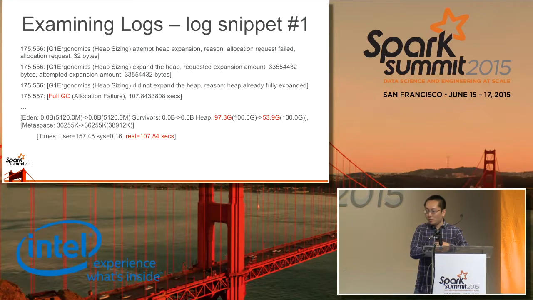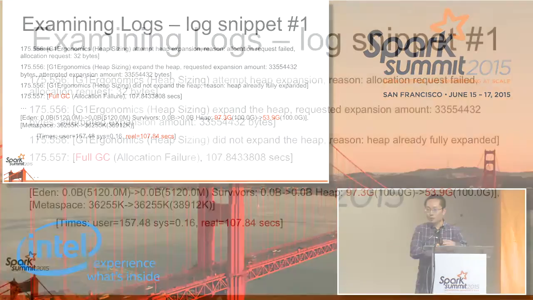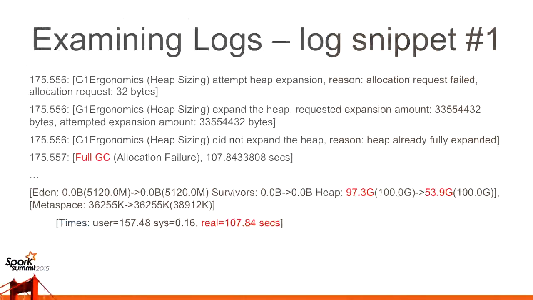All right, so let's first look at our GC logs. This is the GC log from one of those worker nodes, and it has this 107-second GC pause. From the heap ergonomics, you can see that when this GC happens, before the GC, we have 97.3 gigabytes of objects living on that heap. And after it, we have only 53.9 gigabytes.